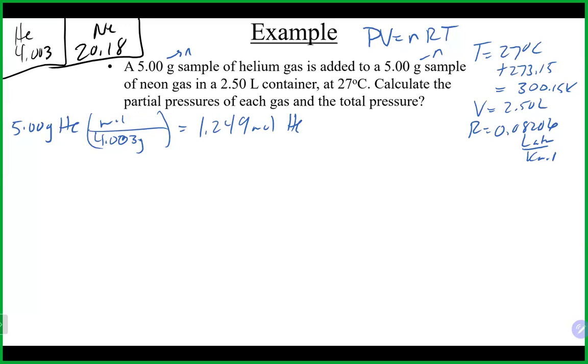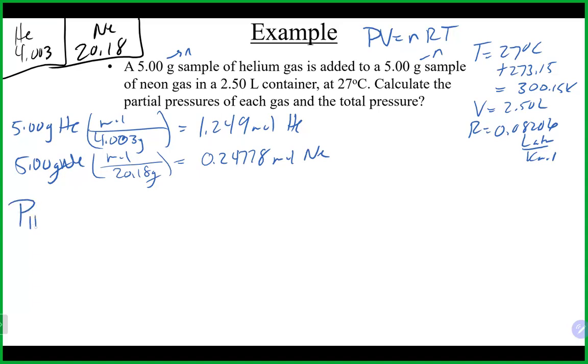We could do the exact same thing for our other gas, our 5 grams of neon, using the molar mass, 20.18 grams per mole. Again, the grams are going to cancel here. That's going to get us 5 divided by 20.18, which is 0.24778 moles of neon.